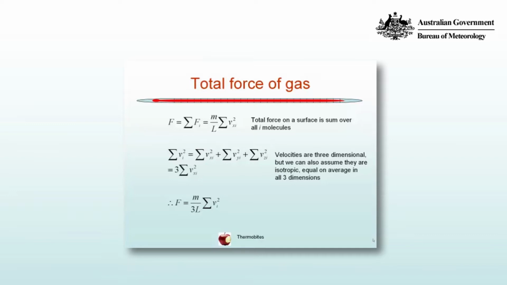And so the sum of the vi all squareds is equal to 3 times the sum of the vxi all squareds. And so we can replace vxi all squared in our summation in the equation at the top to calculate the force on a wall. And so the force on the wall is m on 3L by the sum of vi all squared, the sum of the square of all the velocities.